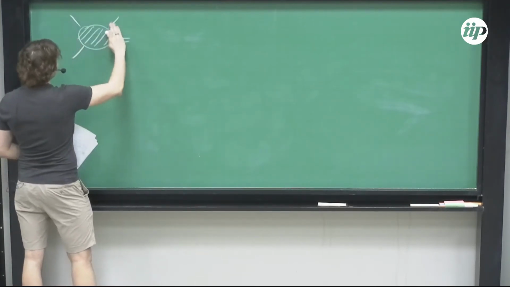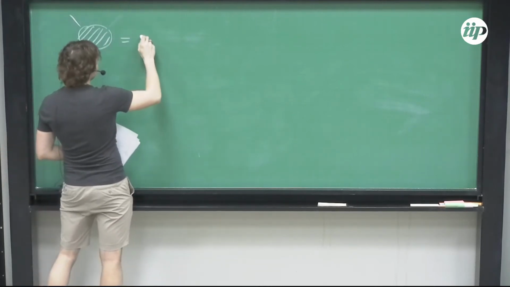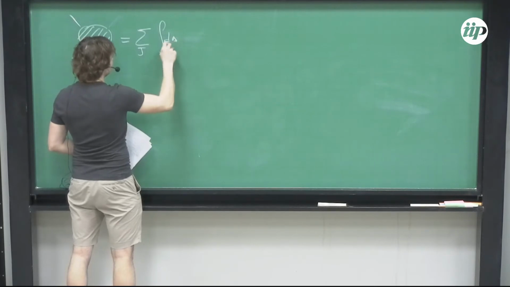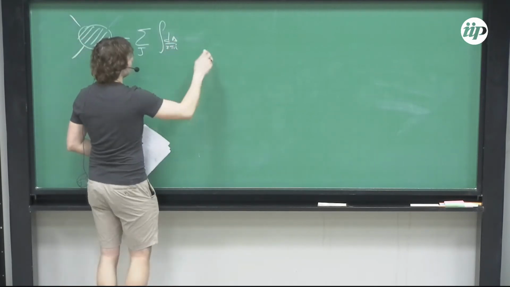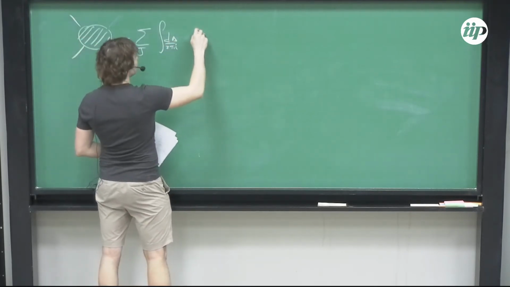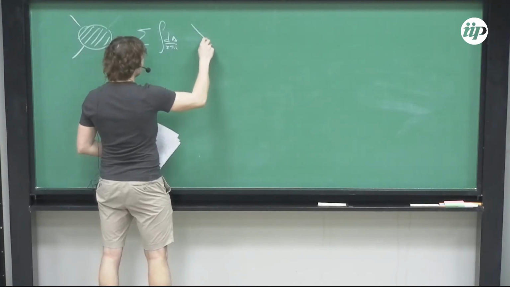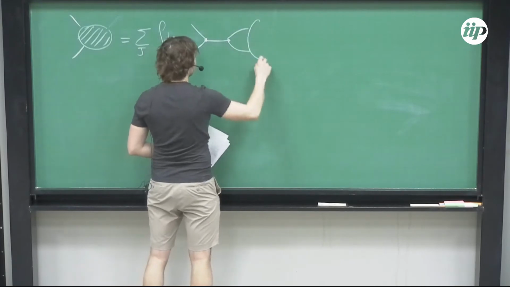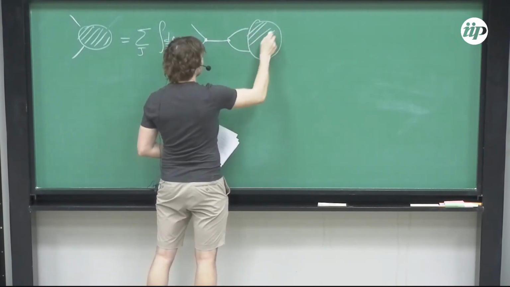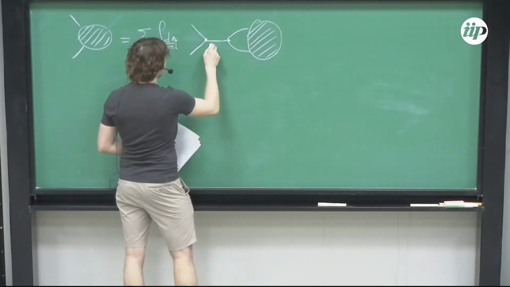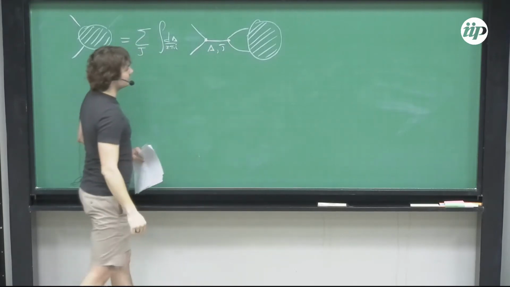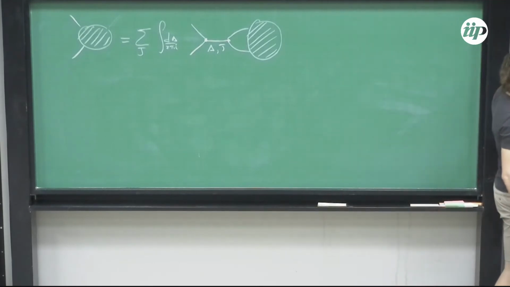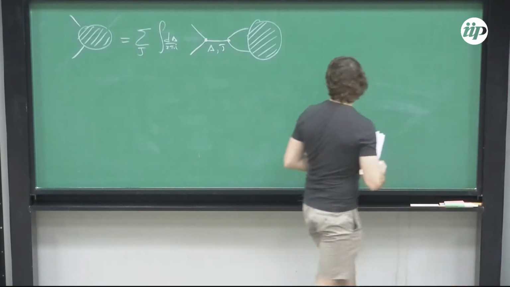Let me not add these two legs just yet. So we can write this as a sum over spin, integral over delta, and then we have this diagram. So I just took this formula and contracted it with a 4-point function.